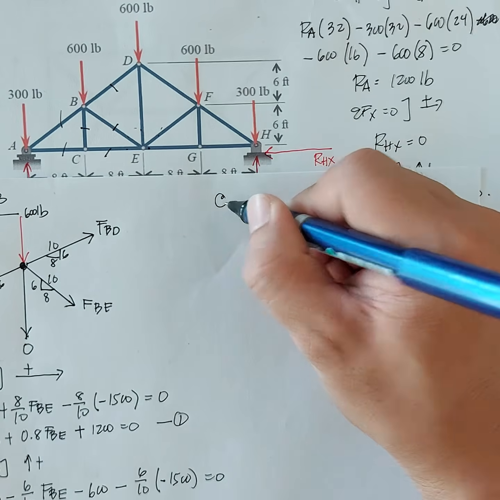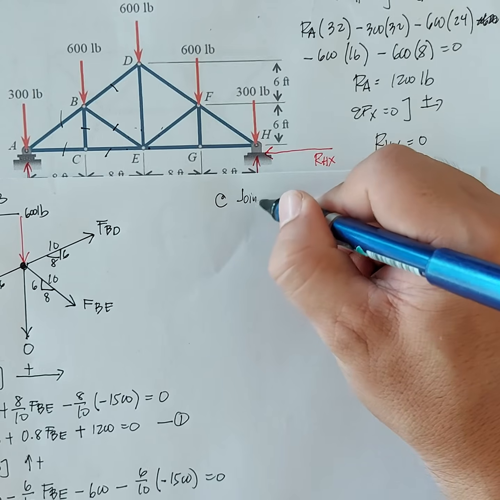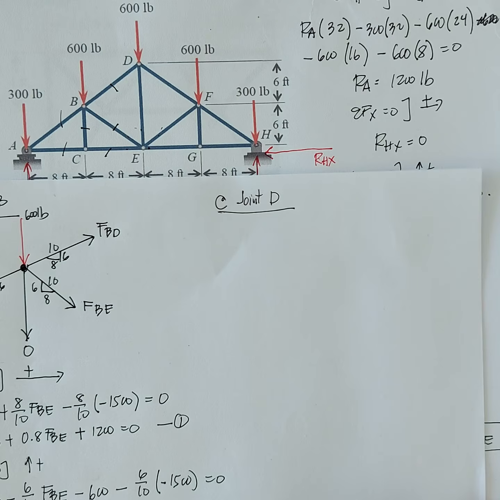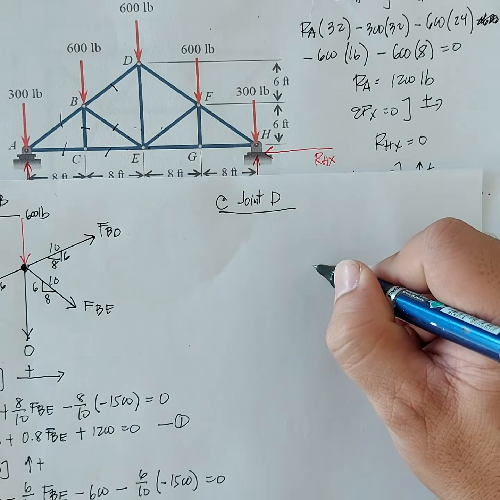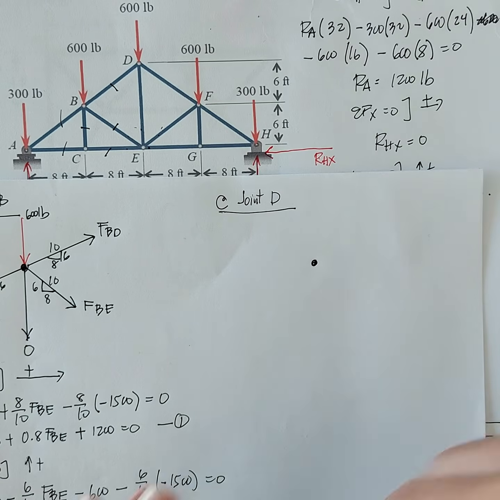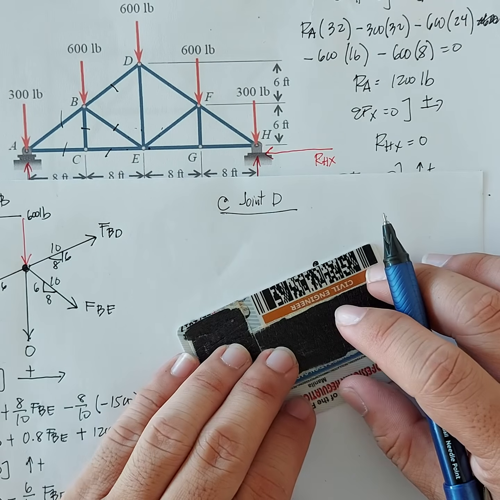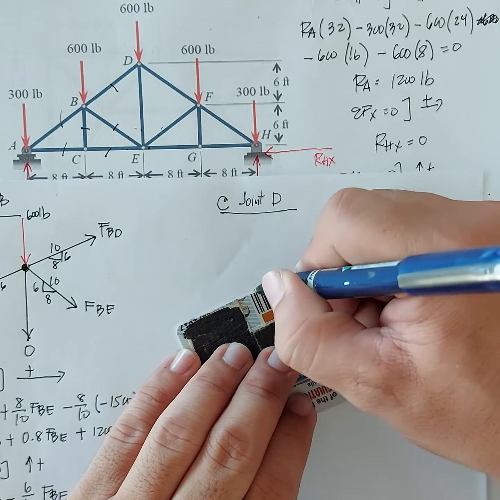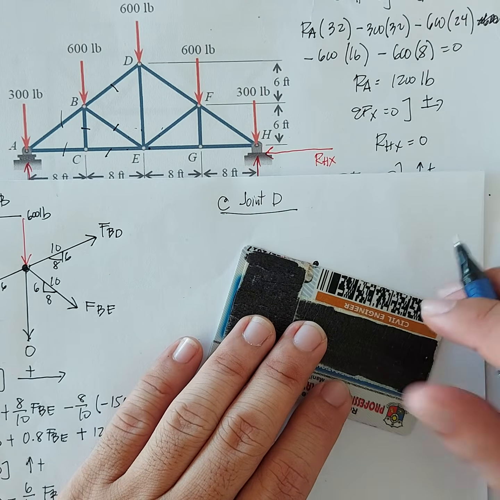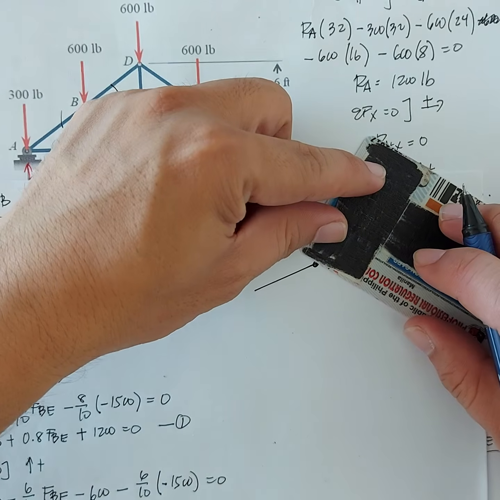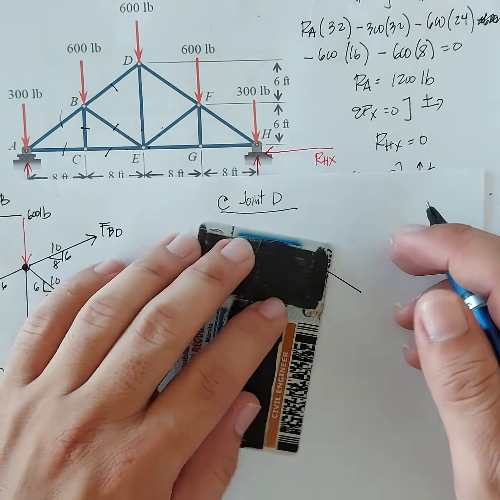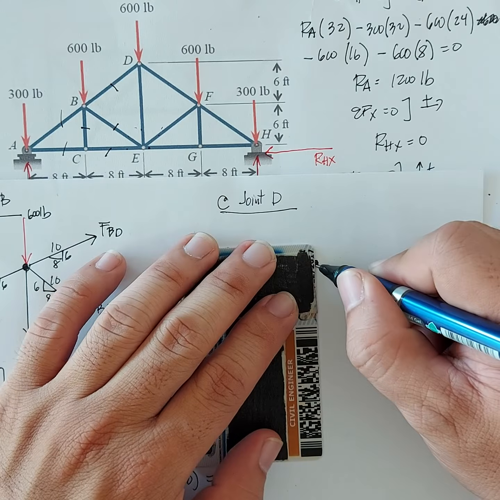Okay, so, at joint D. Let's draw the free body diagram at joint D. Hindi na pantay.